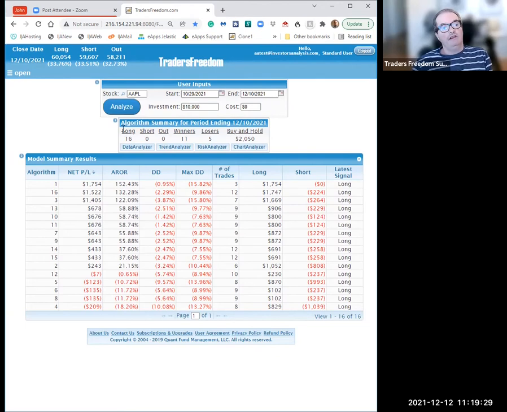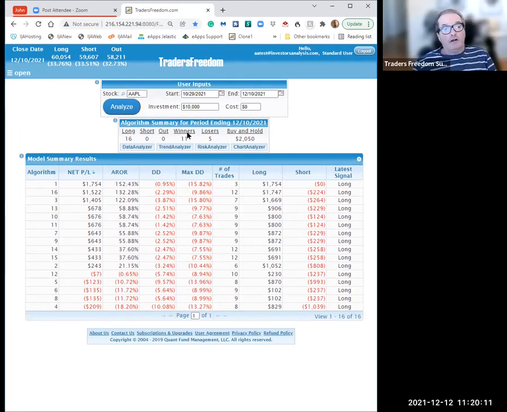What it then did is it gave you a summary of what all 16 of our proprietary algorithms did when you matched them with Apple, the stock. Okay. And we see here that of the 16 algorithms, 16 of them are saying you should be long or you should buy the stock. 0 is saying you should be short or you should sell or short the stock.